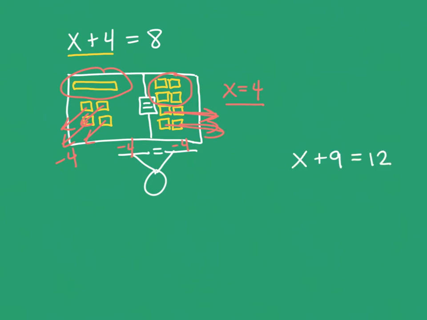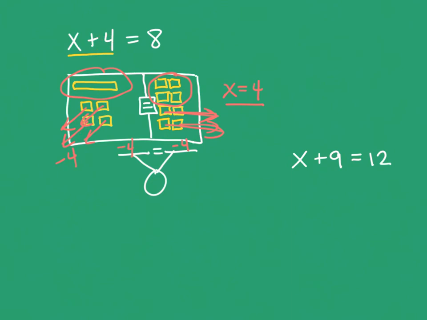Okay, then they ask us, not to necessarily model this one, but to think about what did we do here without the modeling to solve for x, to isolate x. Now remember, this was x plus 4 more, and we said, you know what, I'm just going to take 4 away. Take 4 right off of there. The opposite of positive 4, negative 4, right?